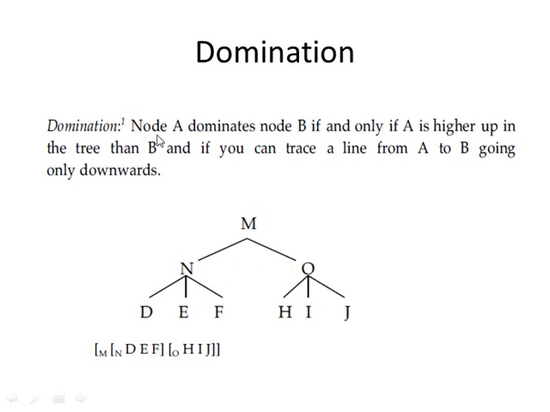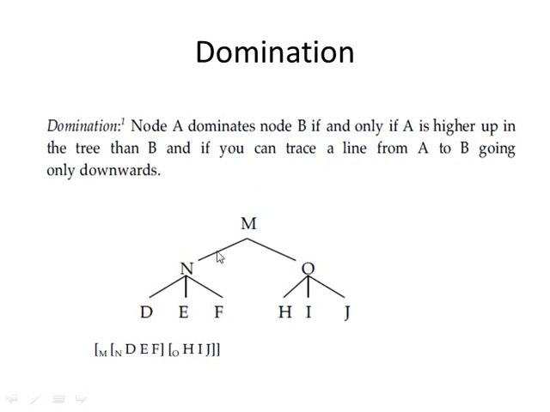Node A dominates node B if and only if A is higher up in the tree than B, and if you can trace a line from A to B going only downwards. Jadi A itu disebut mendominasi B jika A itu berada di cabang yang lebih tinggi daripada B, dan ada a line, ya, ada cabang yang menghubungkan antara A dan B ke bawah.